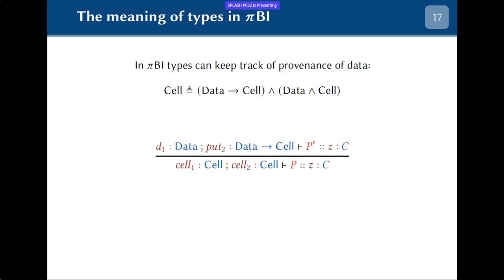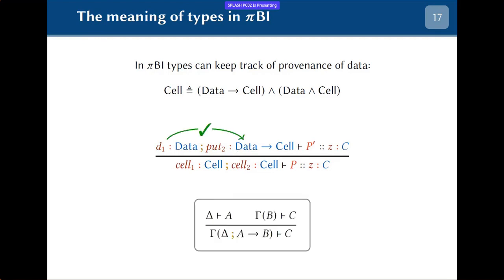Now assume I'm writing a program, P, which has access to two cells. And these two cells are separated using the additive composition, which is semicolon, right? Now, I can do some interaction with cell 1 to get the data that it's currently storing. And I can also interact with cell 2 to get the accessor so that I can write something to this cell.